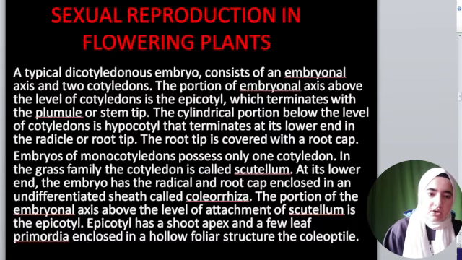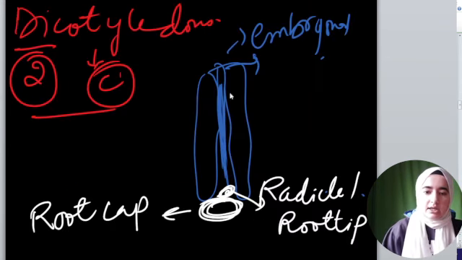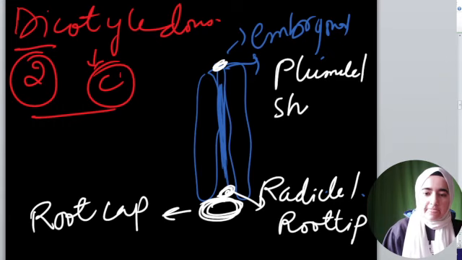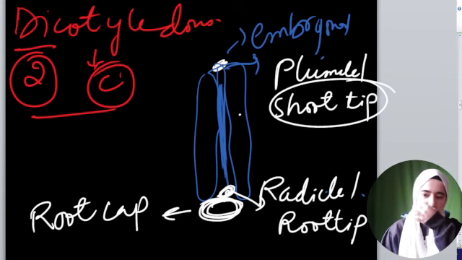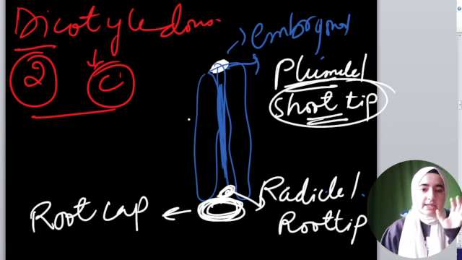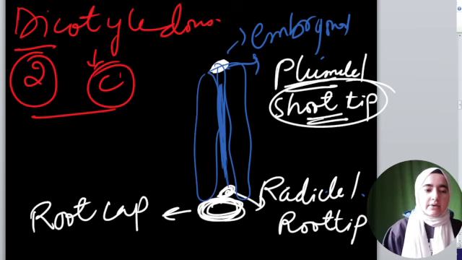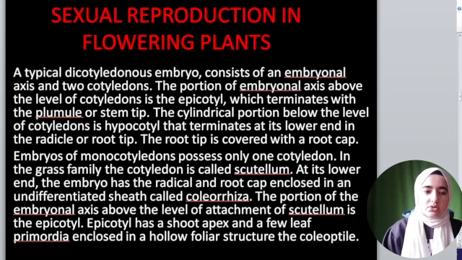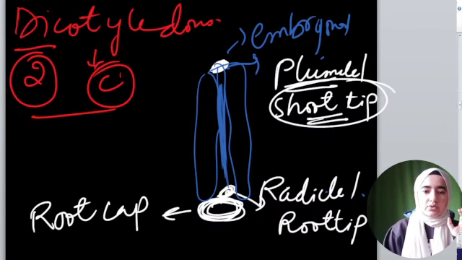The radicle or root tip is inside the root cap, and here we have plumule, or we can say shoot tip. The upper portion is known as plumule, or shoot tip, which will give rise to the shoot. Radicle will give rise to the root. I hope this concept is clear, how the seed will be formed.